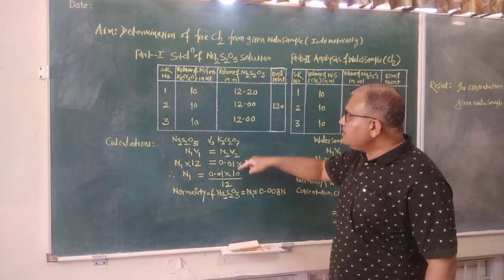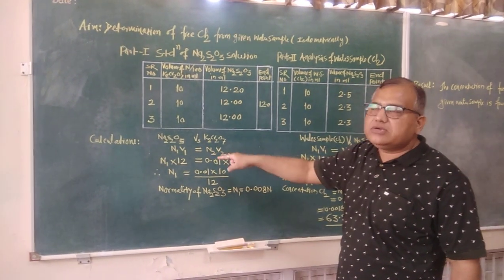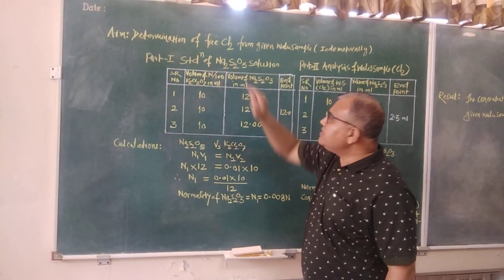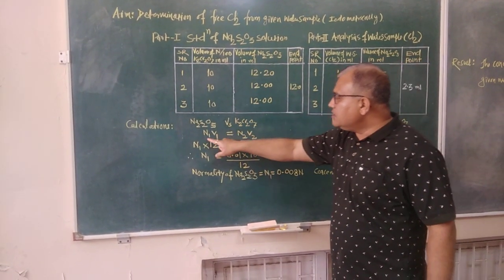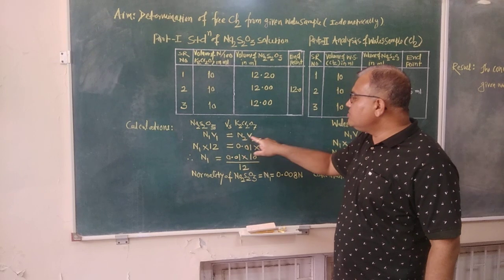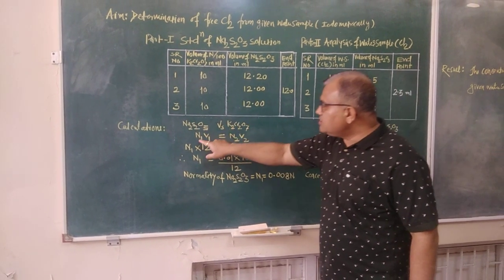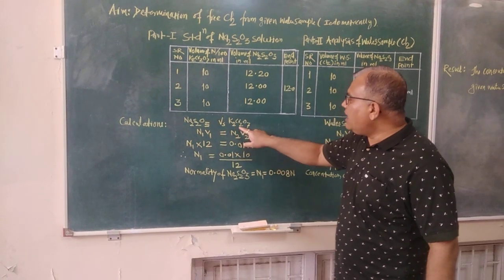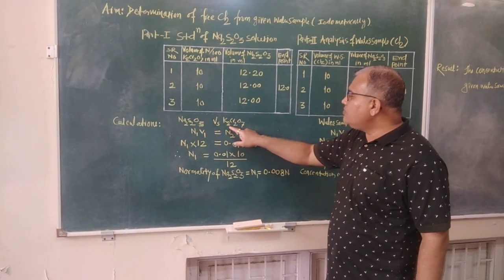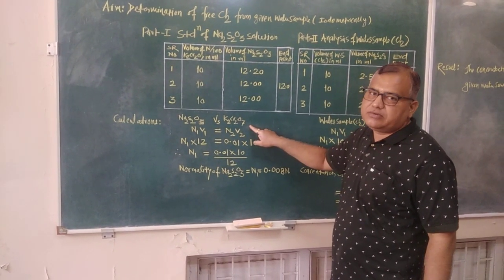And now in connection with this, you try to calculate the normality of Na2S2O3, because this is the aim of this part. Consider this equation N1V1 is equal to N2V2. So this N1V1 is for Na2S2O3, and this N2V2 is for K2Cr2O7. Okay.